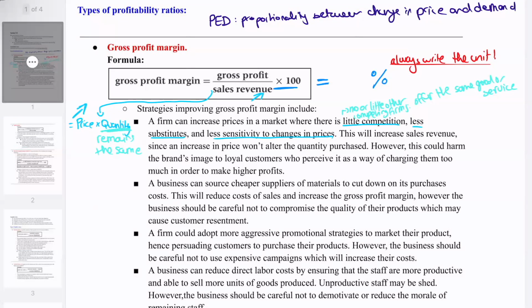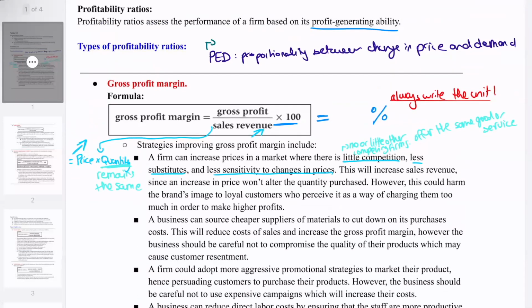I'm going to explain this more thoroughly. When a good is price elastic, it means the change in price is proportionate to the change in demand.